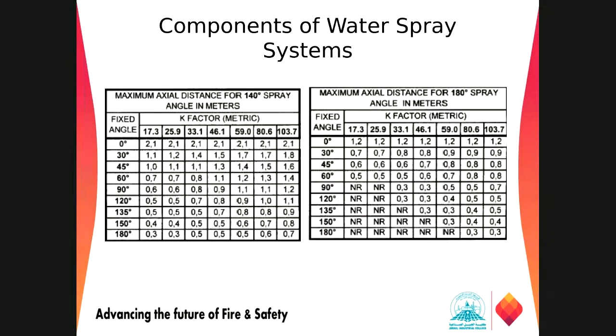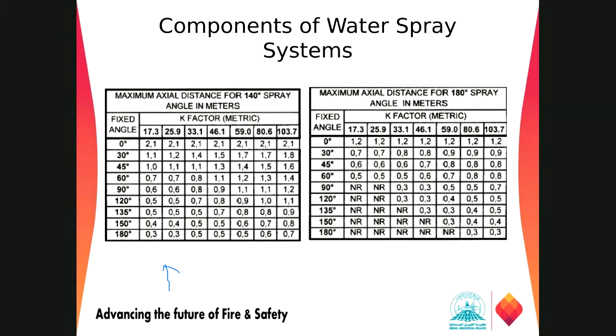And here we have the details for the K factor and how much area in meters it will cover. So what is the distance between two nozzles? If you have a fixed angle, which is 0 degree discharge, it will only go directly to the equipment. Then we have 30 degrees. So the maximum axial distance for 140-degree spray angles is in meters. We are mainly talking about the axial distance.